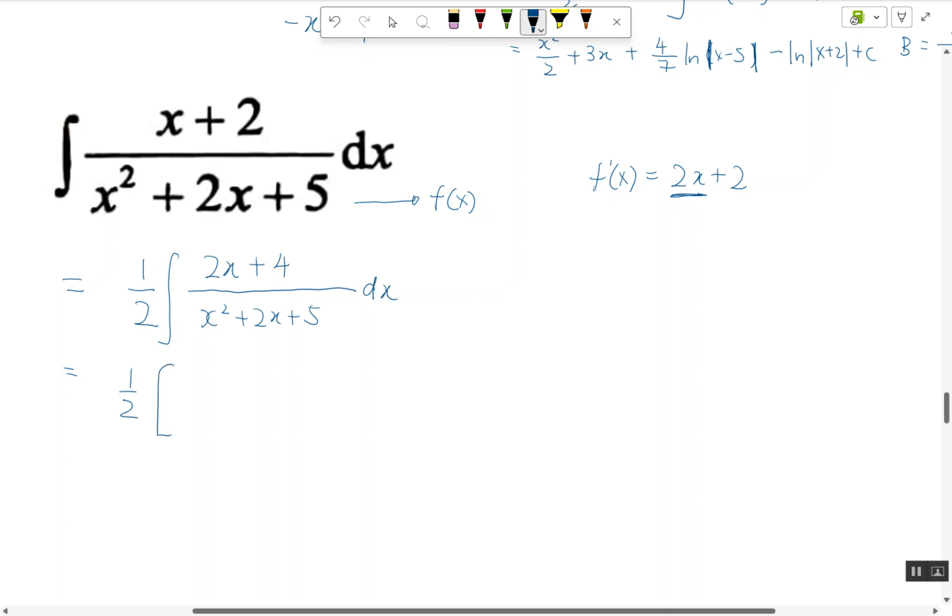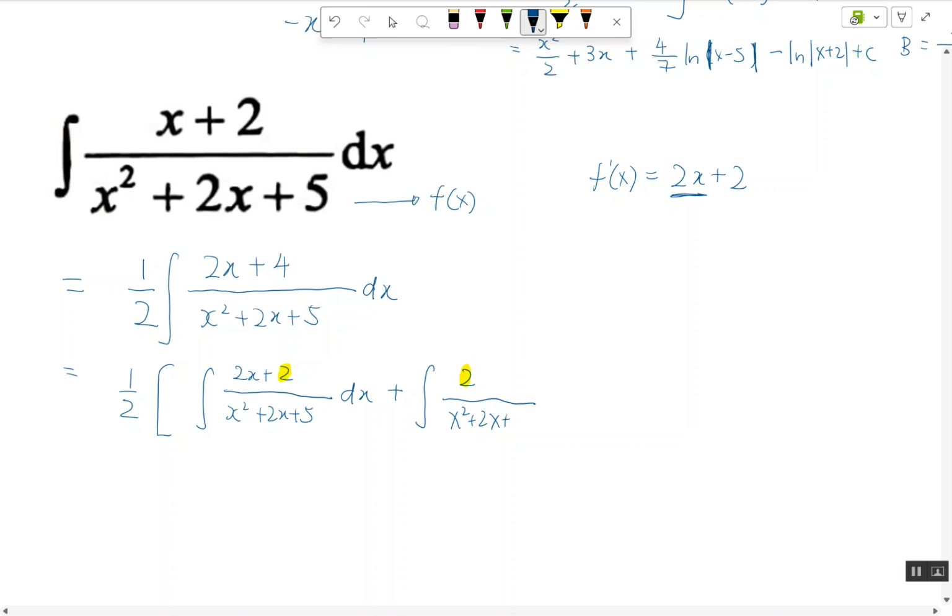Why? Because I need to force a 2x + 2 as one of my fractions. Later I'll explain why. Plus 5 dx. So to make it equal, you need to have a plus 2, because 2 plus 2 is going to equal 4. These 2 and these 2 will make up to be equal to 4, over x² + 2x + 5 dx.